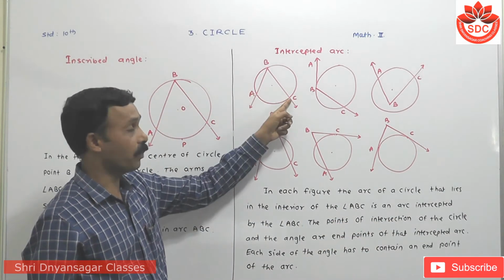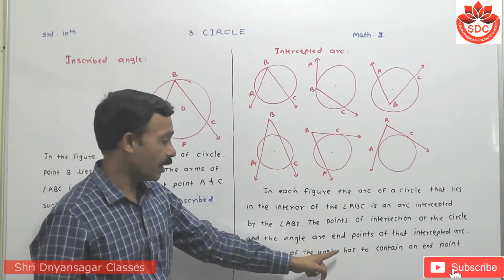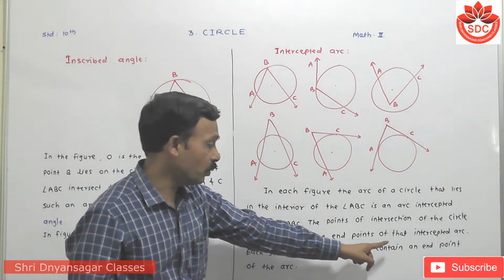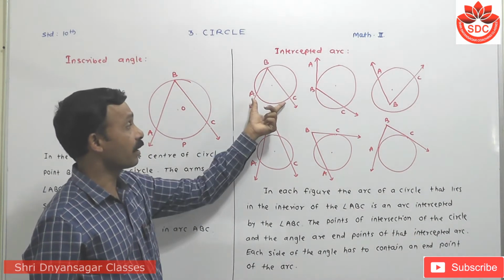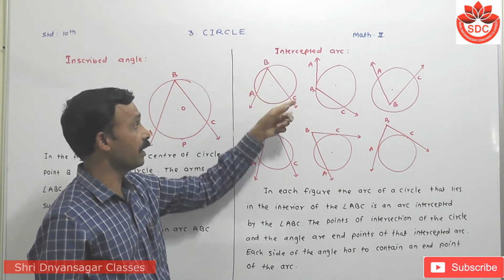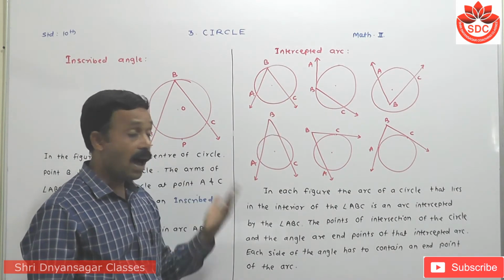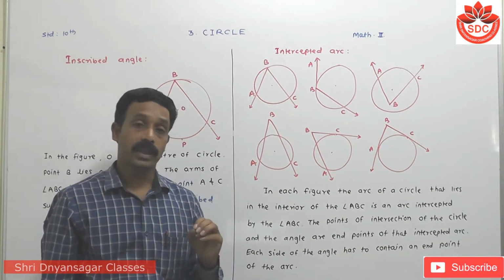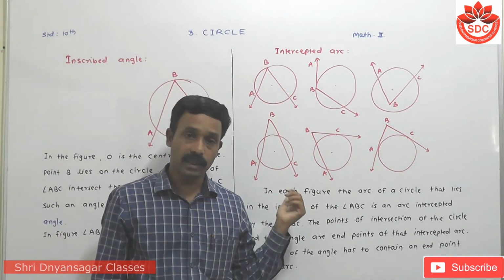Each side of the angle has to contain an end point of the arc. Such an arc is called the intersected arc. This is the inscribed angle and this is the intersected arc.